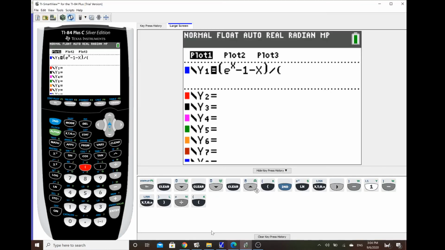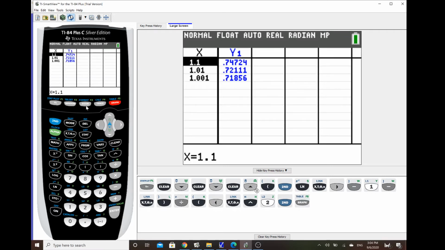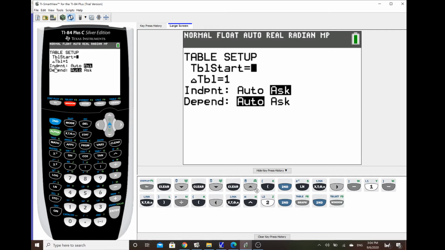For that one we don't need the parentheses, since it's just one term, x squared. Again, we want to use the second table. Make sure that you can put in any random x value, so go to second table set, and make sure the independent variable is set to Ask, and the dependent is automatic.